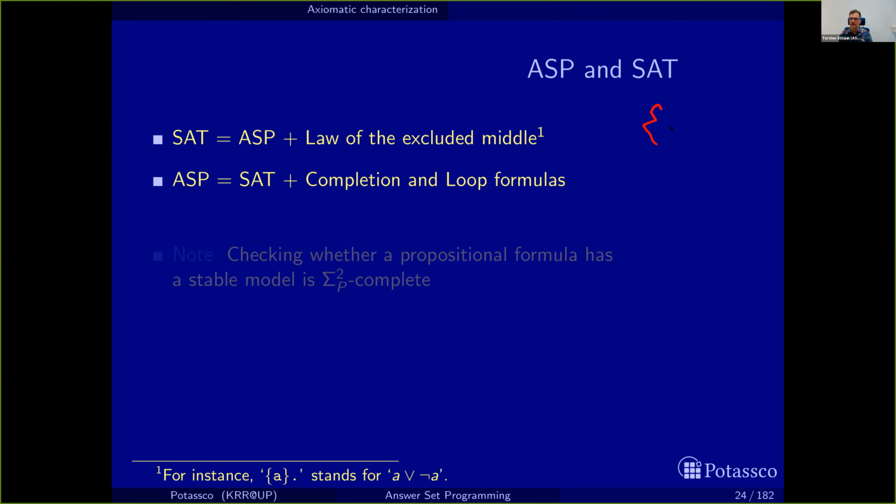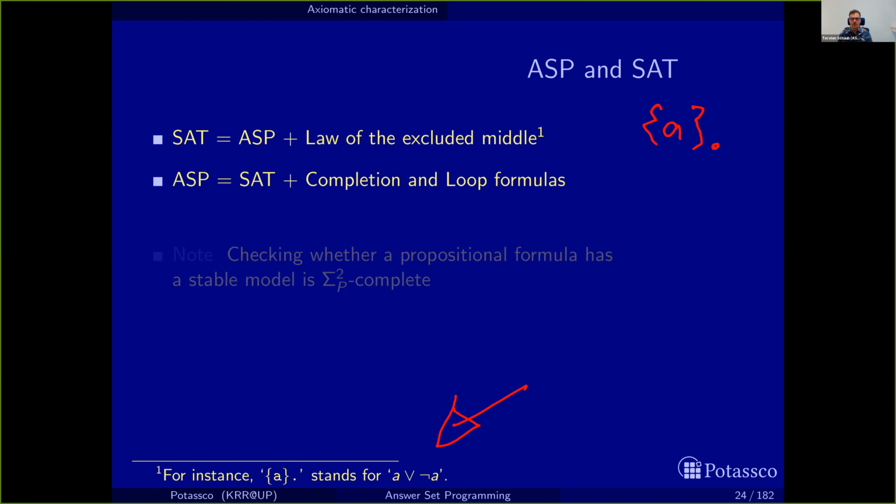Whenever you write such an excluded middle, it amounts to a choice. And this is written in an ASP system like this. So I write the dot here. That's a choice rule. That's also written down here. But that's pretty easy. So if you want to compute all the Boolean models, you add all the choices for the elements in your vocabulary, or only for those that you wanted to, and that's how you get it.